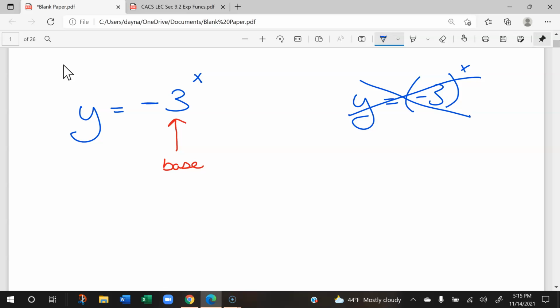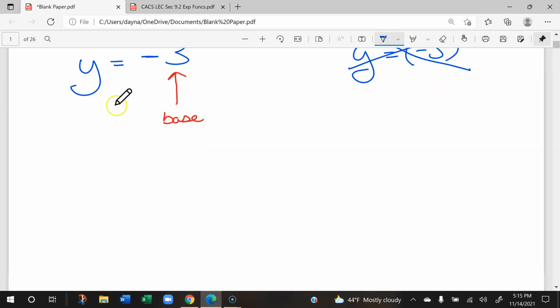When we look at these exponential functions, we are still going to use those transformation rules. Let's review our transformations, and then we'll get into actually looking at the graph of our exponential functions.